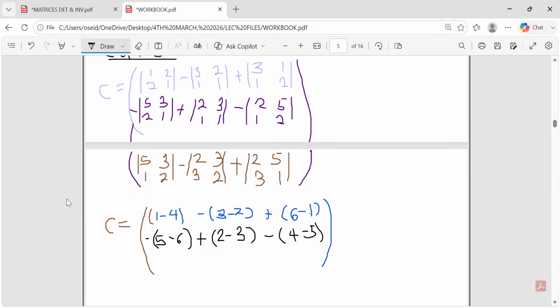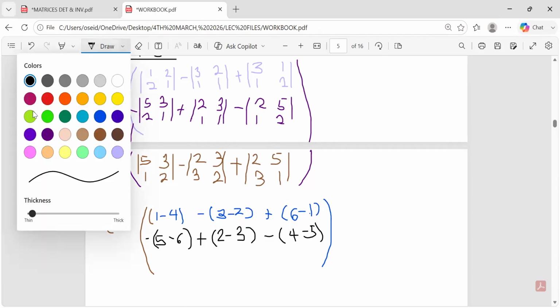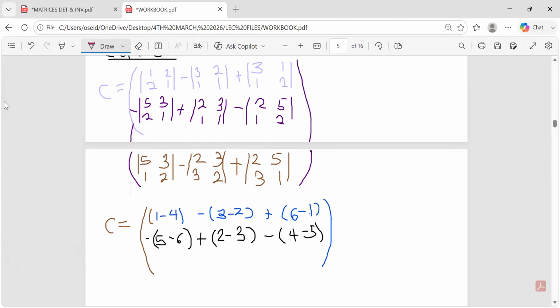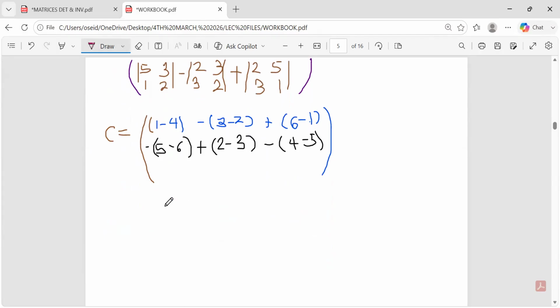Then the last one, or the last column, we have what? 5 times 2 gives you 10. Minus 1 times 3. Brackets close. Plus.